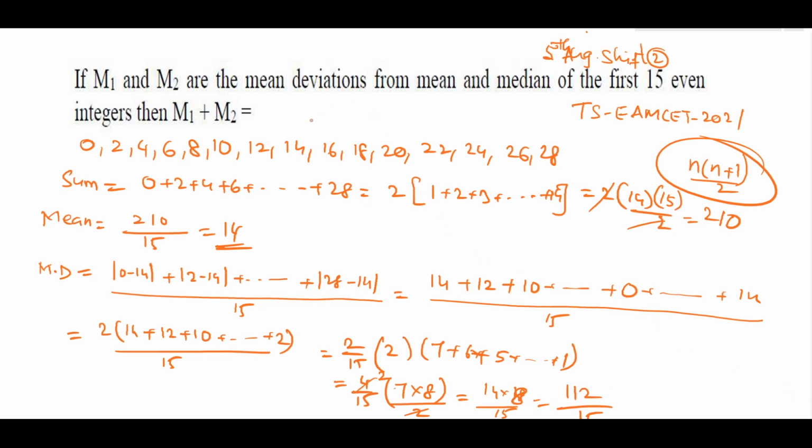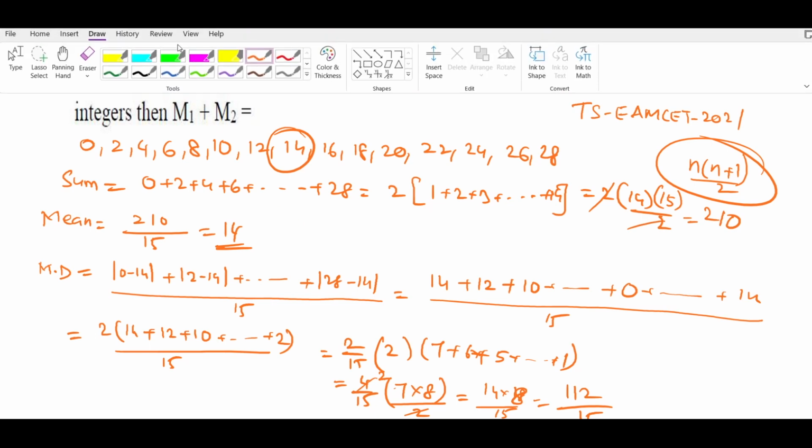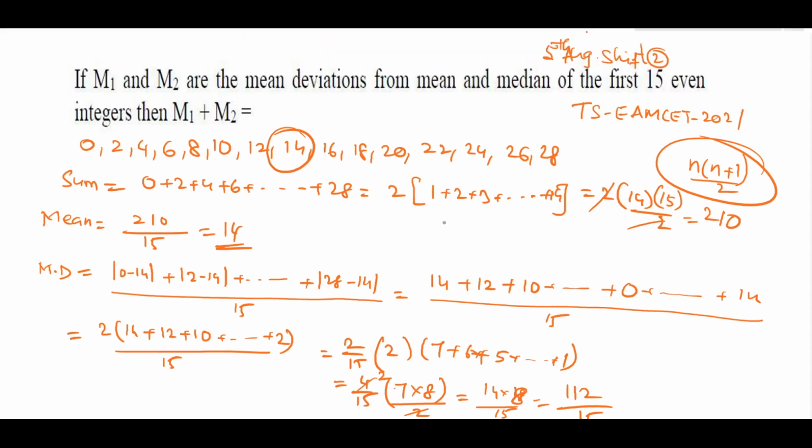Here now the median value is 14. This is the median, that is 14. Mean and median are the same. So the median is 14. That means mean and median are equal, that is also 14. This 14 is the middle value of the given numbers. Here the mean is the same as the median, that is 14.